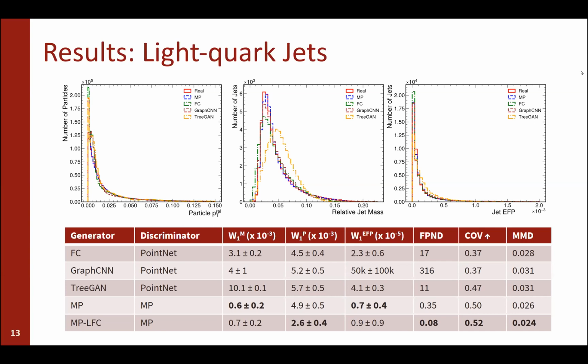You see there the W1M is the Wasserstein distance for the mass, then the average for the other features, the average for the first 5 energy flow polynomials, the Frechet ParticleNet distance, the coverage, where more is better, that's what the arrow means, and the minimum matching distance.